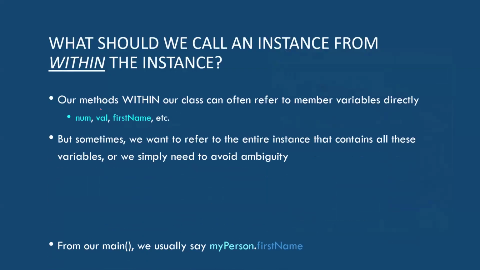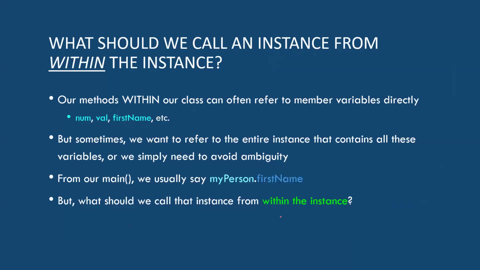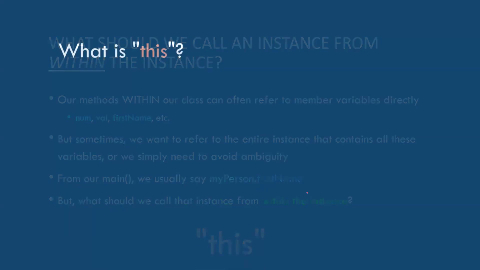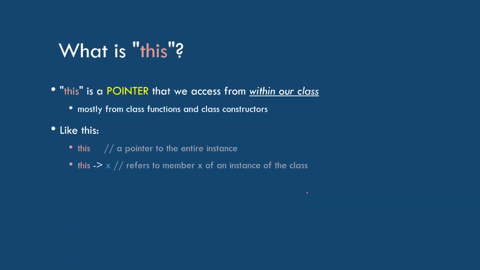We're inside of the class and it gives us clarity about what we're referring to. Notice if we're in main, we've got a handy name for the class, so we know what class we're talking about. When we're inside, it's kind of assumed, but maybe we need to be really clear about that. So that's really what it is. And it is a pointer, so it is followed by an arrow.